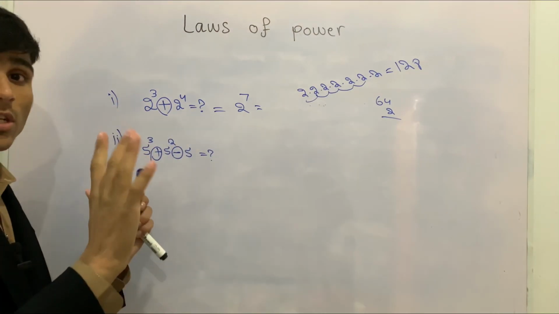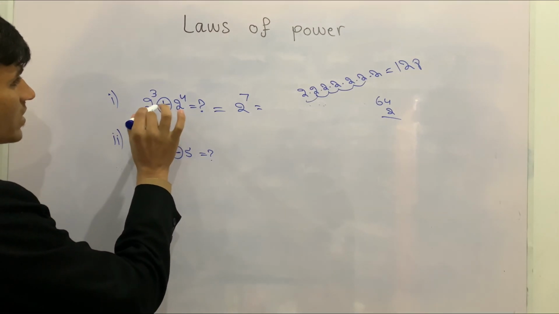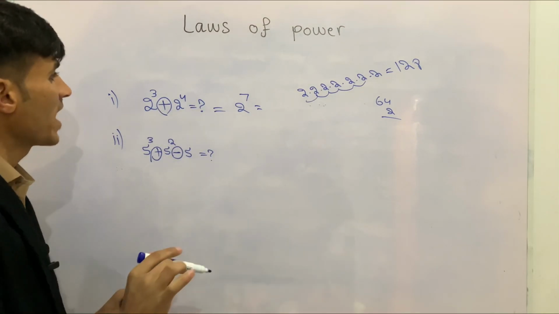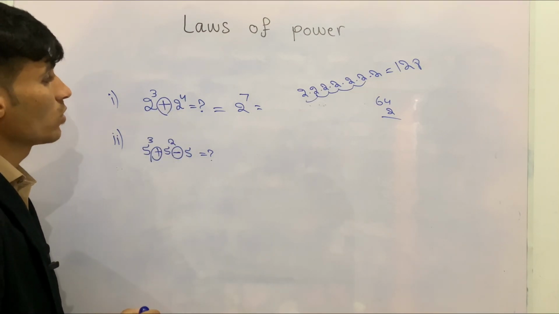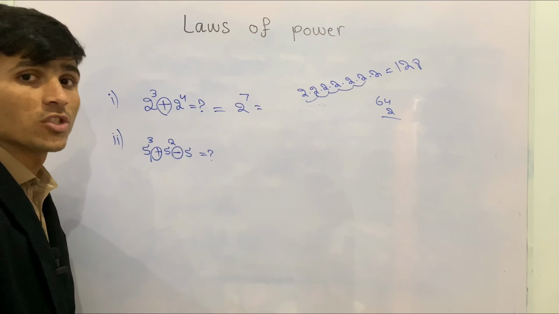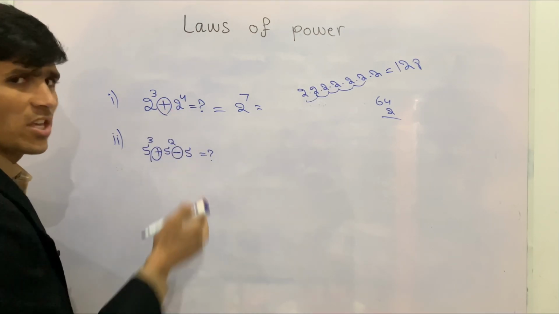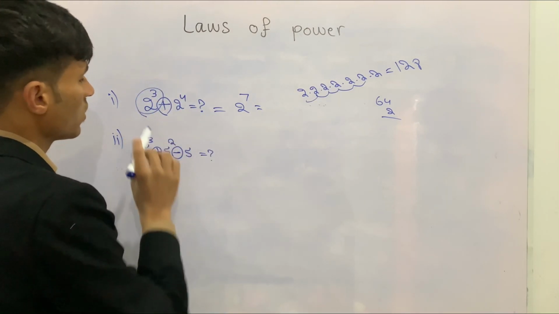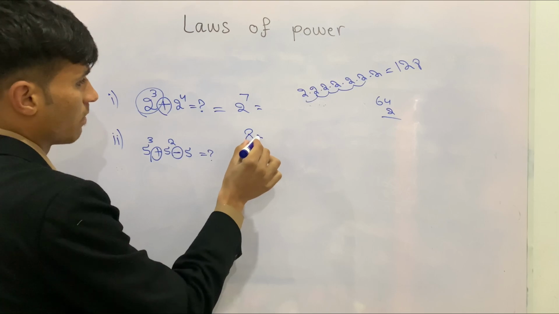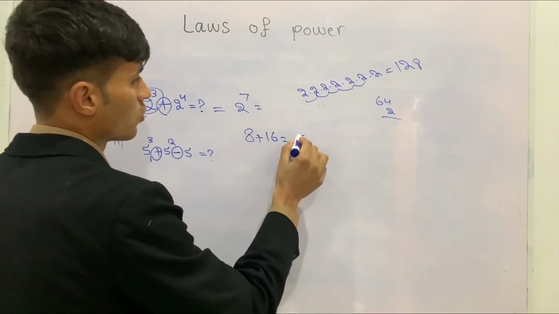But this is completely wrong. Why? Because the first rule can't be applied here, as we have the symbol of addition. The first rule is just for multiplication, just for products, okay? So how would you solve it? Just simplify each of them, then add them together. 2 to the power 3 equals 8, plus 2 to the power 4 equals 16. So its answer is 24.